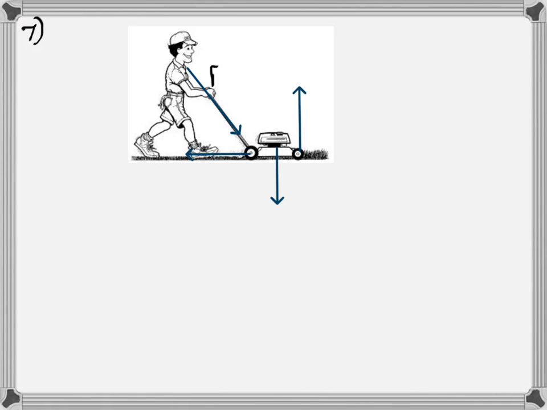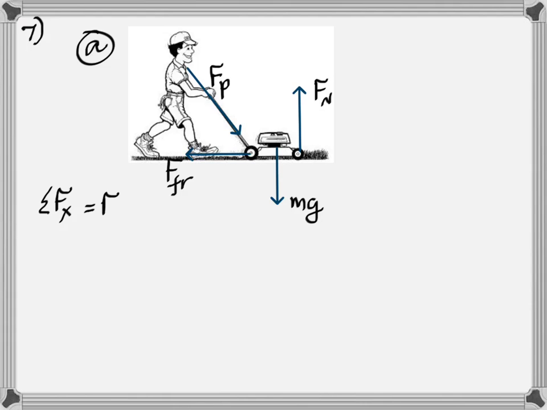In this case, the force applied at 45 degrees, Fp, has to be resolved into two components. And the components are going to be Fp cos theta, which is Fp cos 45, and Fp sine 45, as shown in the diagram.